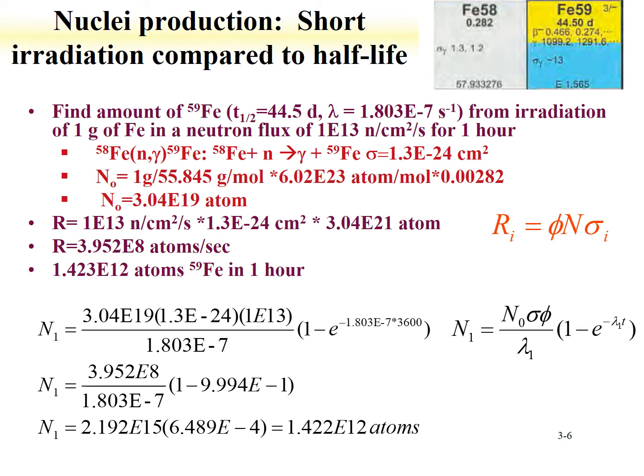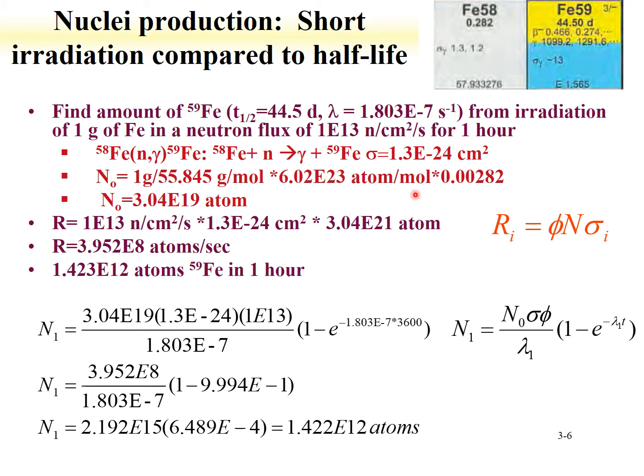So let's take our equation that we have here. We want to get N, right? We want to get the number of atoms that are sitting in the target. I state that there's 1 gram of iron. The molecular weight of iron is listed here. We use Avogadro's number.